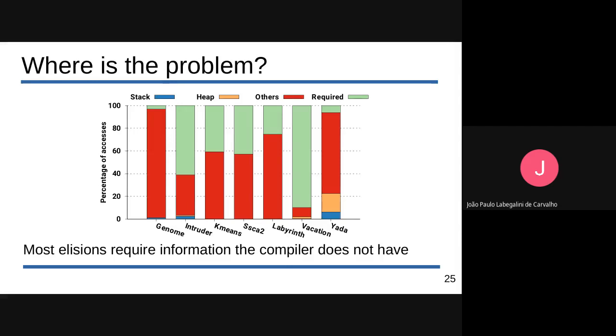But for those we know for sure the compiler inserted barriers even though they were not necessary. And the green bars show the memory barriers that are actually necessary to guarantee consistency. So as you can see, most of the opportunities of elision are from memory accesses the compiler fails to identify as unnecessary.